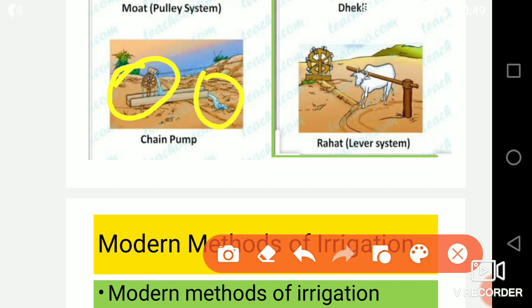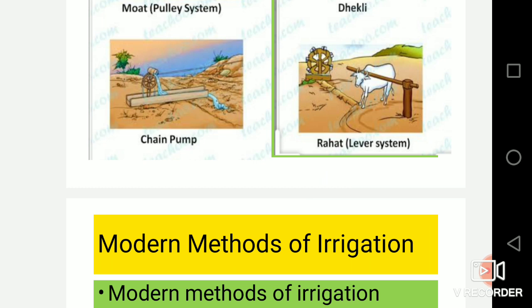Another one is the rahat. Now what happens in this rahat? This rod is connected to this wheel through this surface.